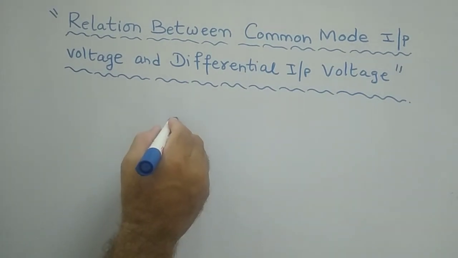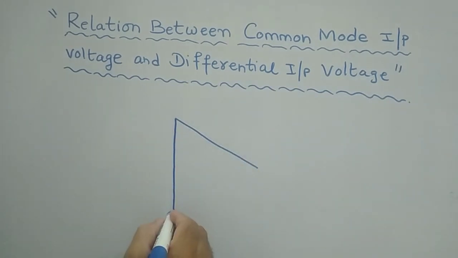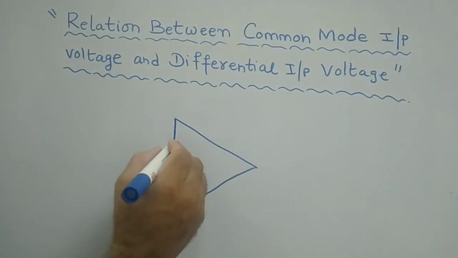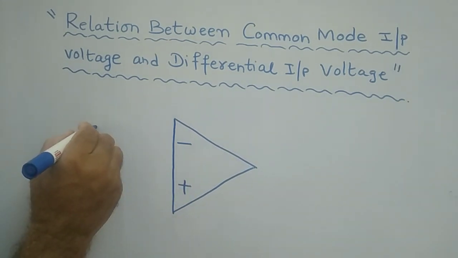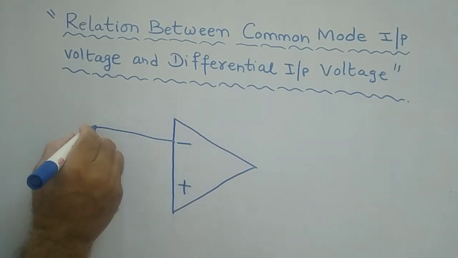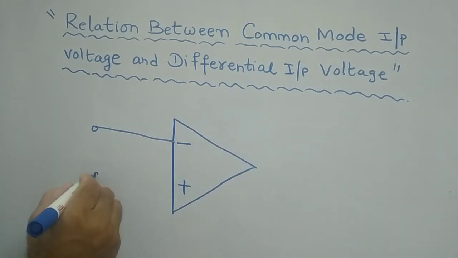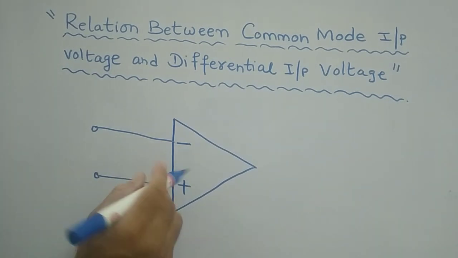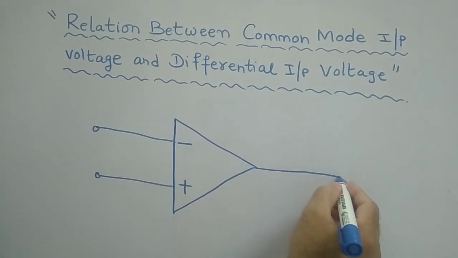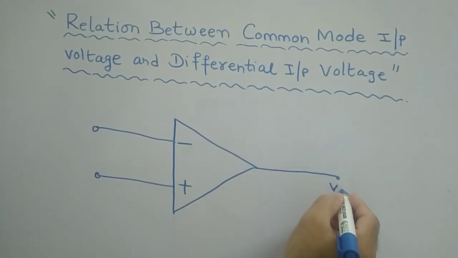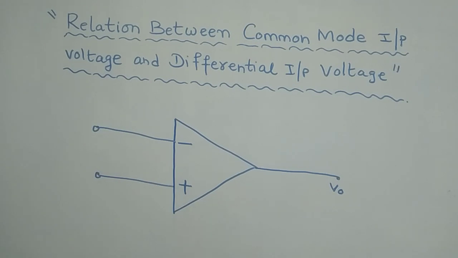So let us consider this op-amp diagram. These are the two input terminals of the operational amplifier, because the plus and minus are the two input terminals, whereas this is the output terminal V0.